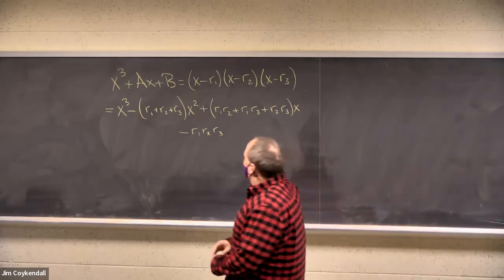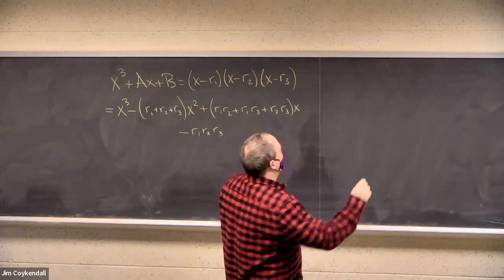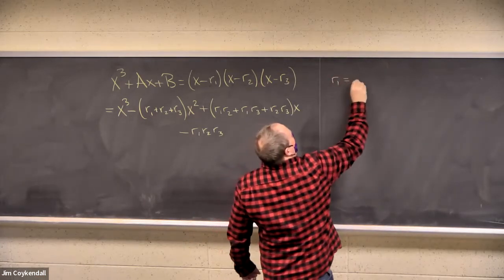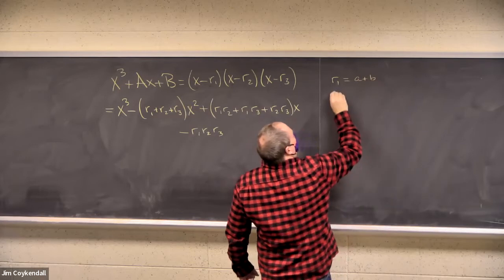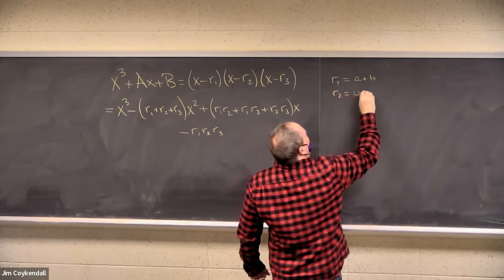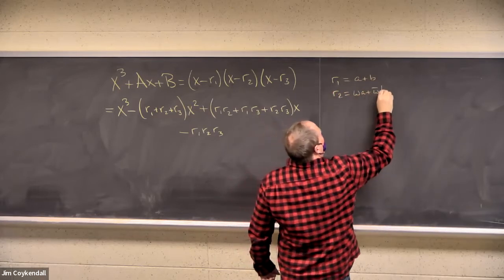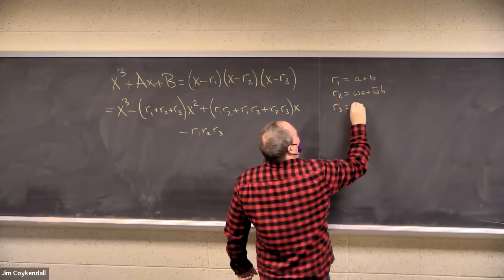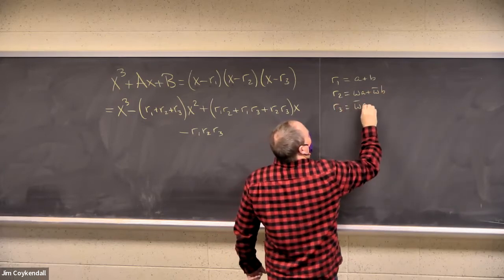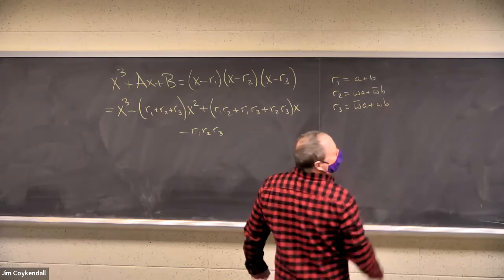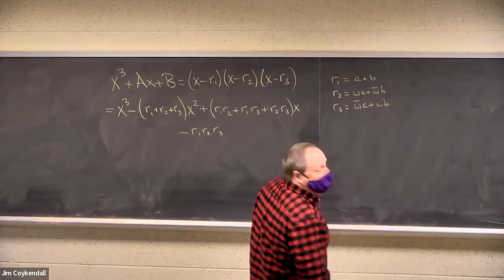Well, notice that R1 is A plus B, R2 is omega A plus omega bar B, and R3 is omega bar A plus omega B. That's the order I did these, right?